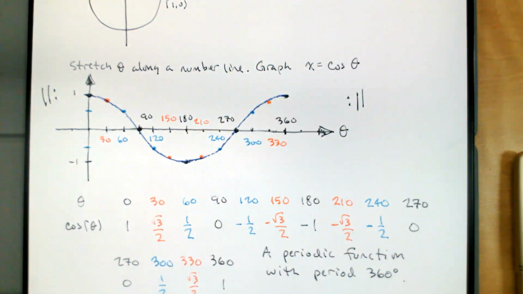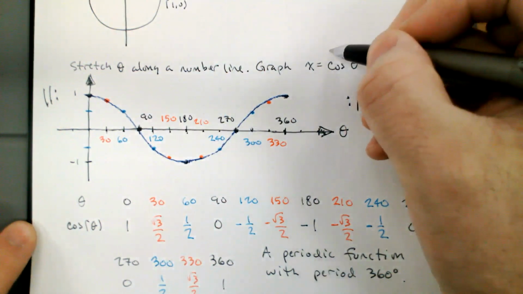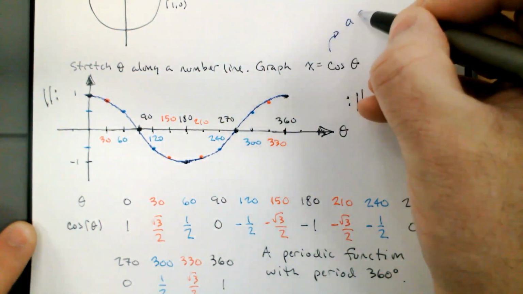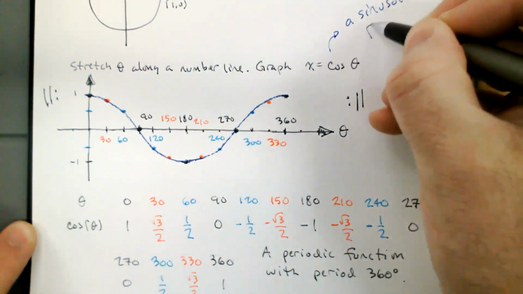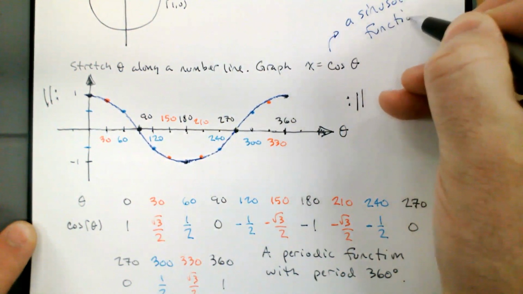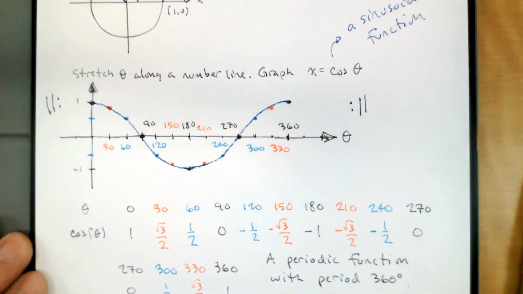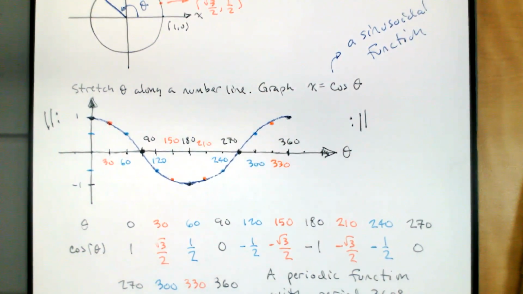Periodic is a way we could describe a function that has a period. This particular function is what we'll call a sinusoidal function. So sine and cosines are going to be sinusoidal functions.